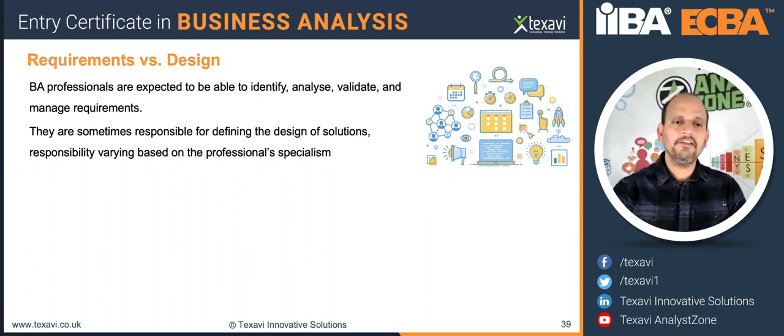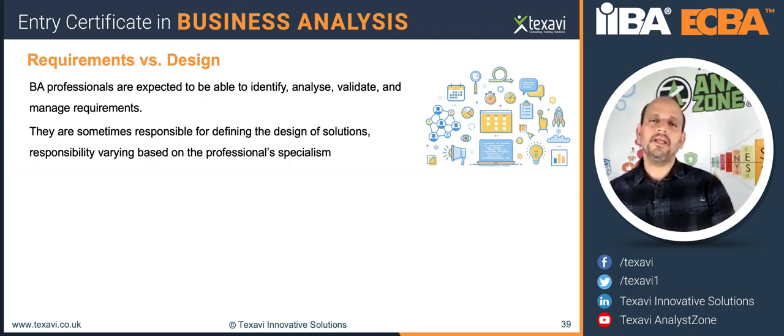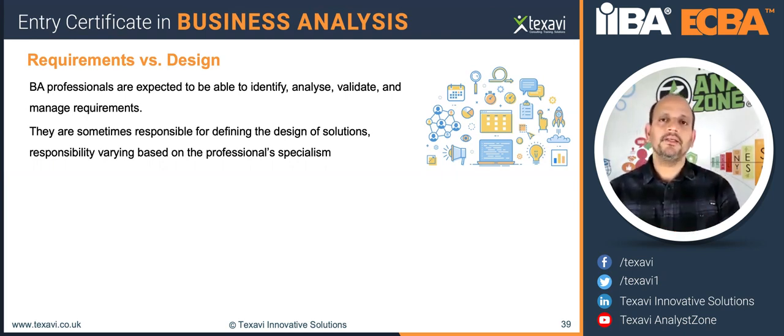So the responsibility varies based on professional specialism. That's where we talk about the technical architect, the technical lead, the lead programmer, lead developer, designer. All of these have got different specializations in terms of whichever they are good at. So you've got a database administrator, DBA, who is a specialist in administering the databases, in setting up the database schema, in setting up the tables.